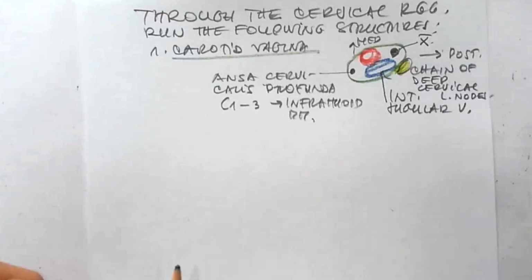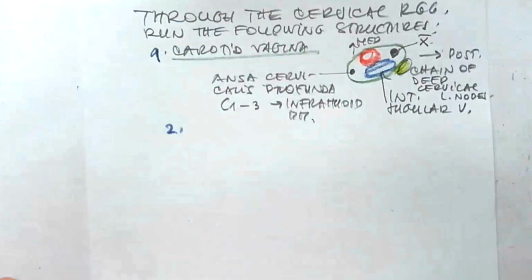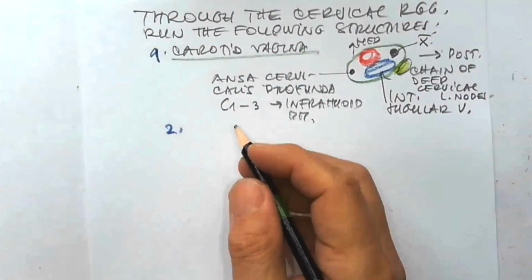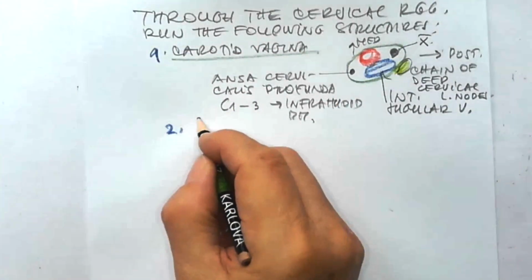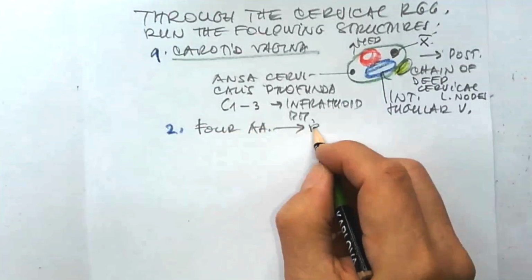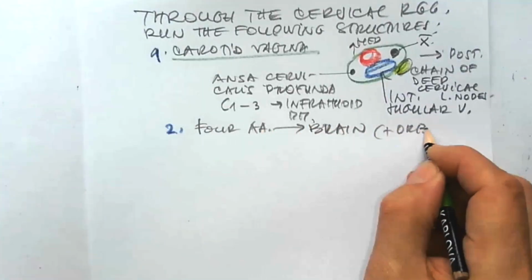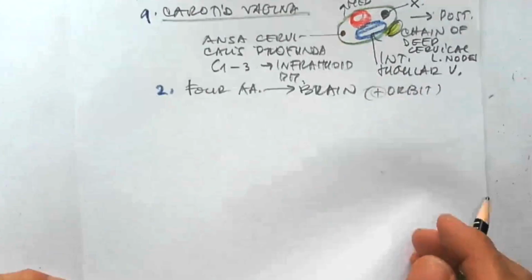Then in the second position, this is number one. Number two, we remember that through the neck ascend four arteries supplying brain, and also orbit, and the other sense organs.